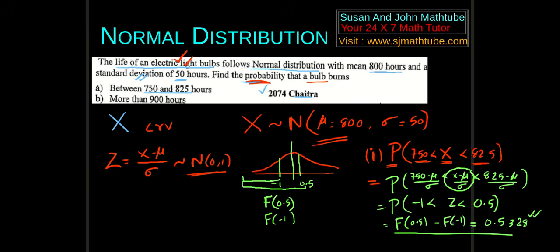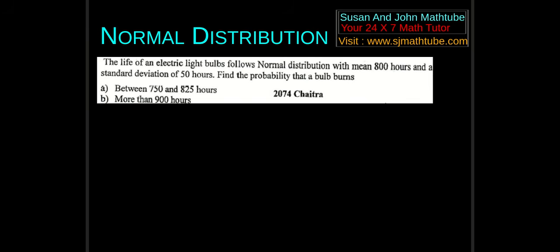Okay, now let's go for the second part. Find the probability the bulb burns more than 900, that is, the life of the bulb is more than 900. Now I'm pretty sure that you know what to do.